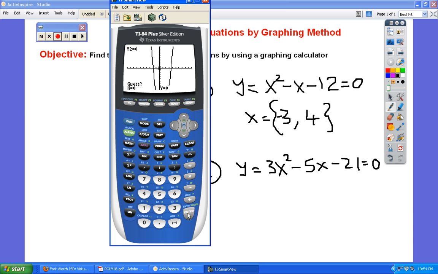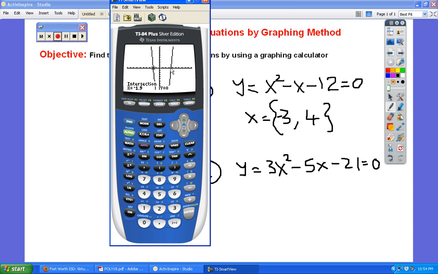It automatically defaults to the first answer. In this case, it's -1.9. So it's not exactly -2. It's -1.9.